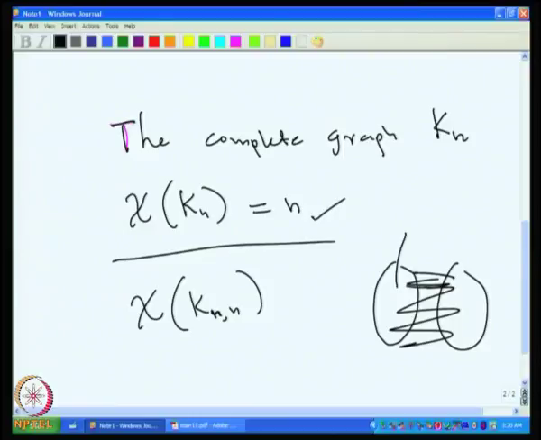So this side can be given, say, white color, and this side can be given black color. Okay, so this is the complete bipartite graph. Two colors are enough.